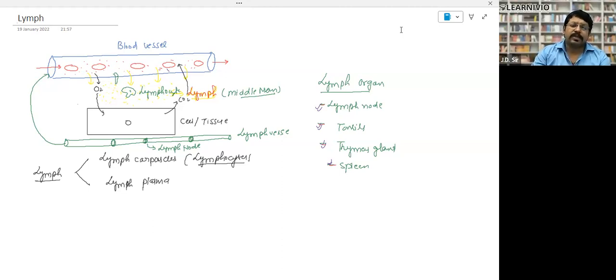Again, whatever waste material the cell produces, any nitrogenous waste, carbon dioxide, the cell does not give directly to the blood vessels. It is first taken by the lymph, and then lymph transfers it to the blood vessel. So between the blood vessels and cells, there is a middleman, lymph, which helps in the transfer of material between the tissues and cells. That's why lymph is called middleman. Clear?